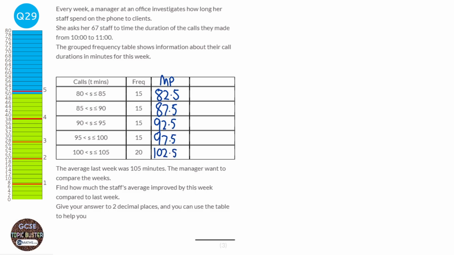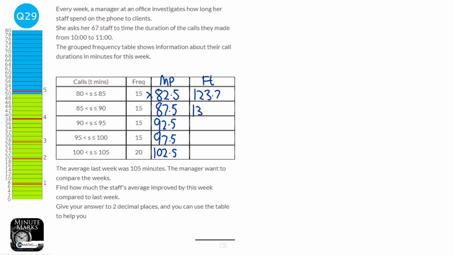Next we need to find the fT, which is just the frequency times the duration of calls. Now, in this first group, we're not timesing it by 80 to 85 or anything like that. We're timesing it by the midpoint. So our midpoint effectively becomes the t. So we're going to do 15 times that, which will be 1237.5.